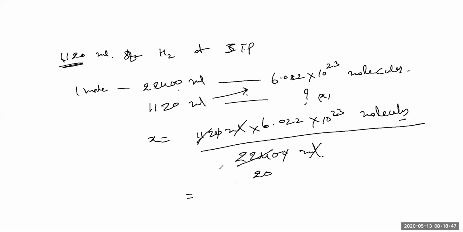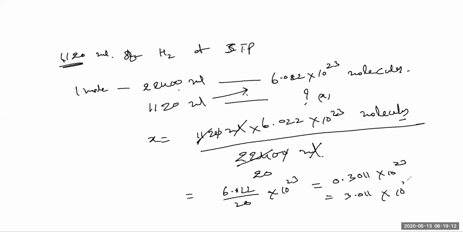So 1 by 20, or Avogadro number by 20. 6.022 by 20, into 10 power 23. How much will it come? 0.3011 into 10 power 23, or 3.011 into 10 power 22. One digit is multiplied with 10.